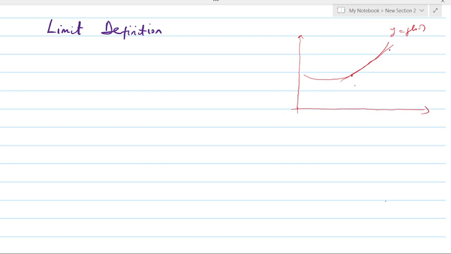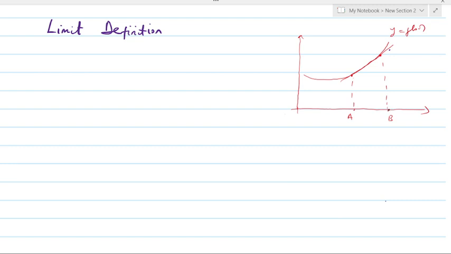Okay, so I have a point, and let me make this point A, and on this other side, marking it down, I have point B.